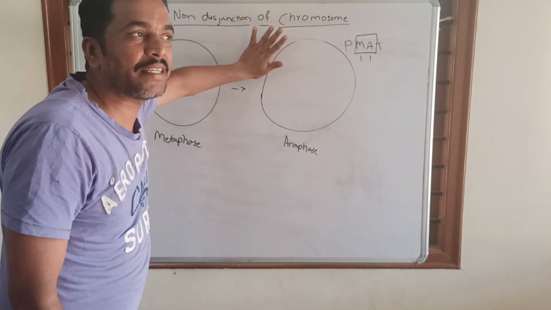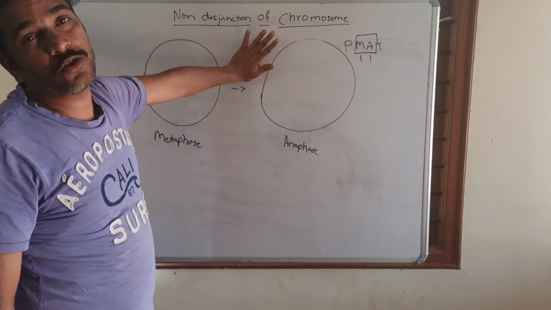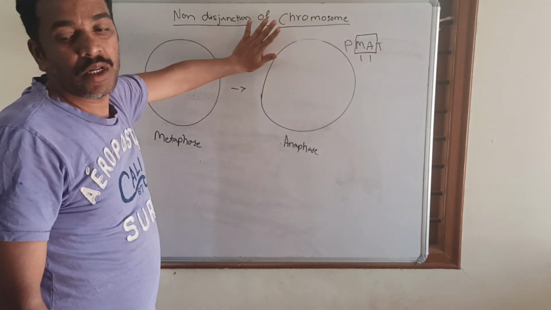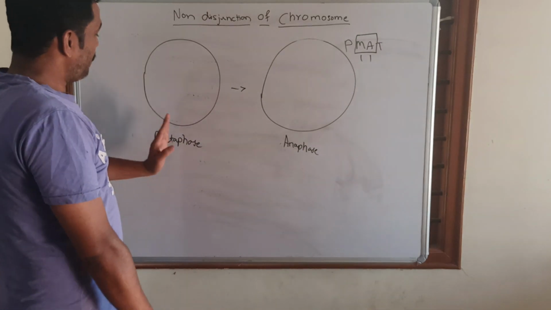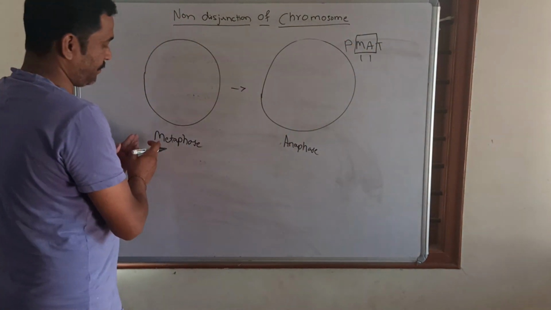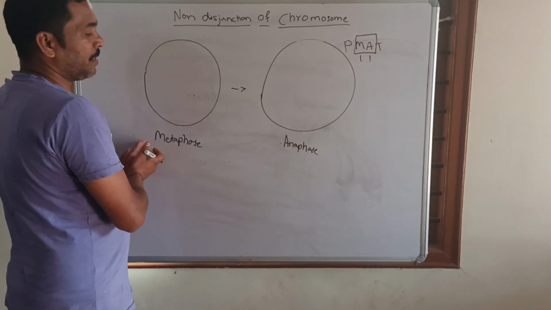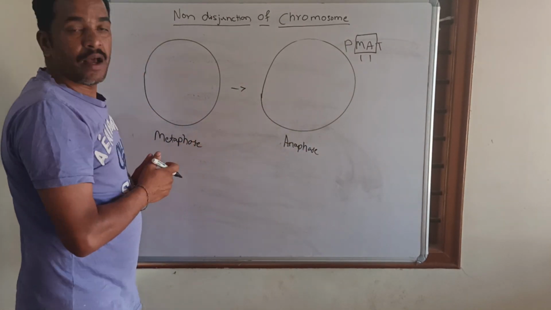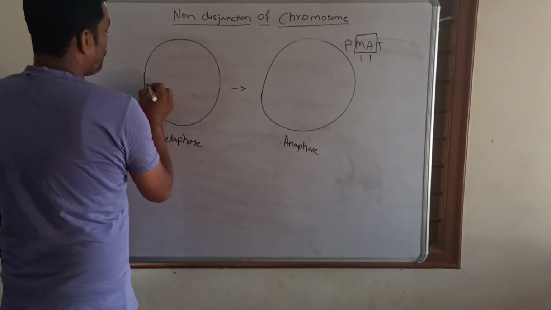These non-disjunctions are the root cause of chromosomal abnormalities. Here we are talking of PMAT, wherein metaphase and anaphase are the 2 important steps. Suppose in metaphase, what happens?